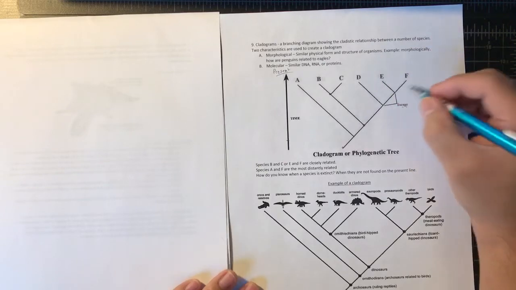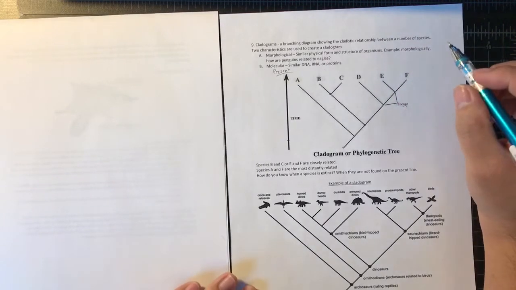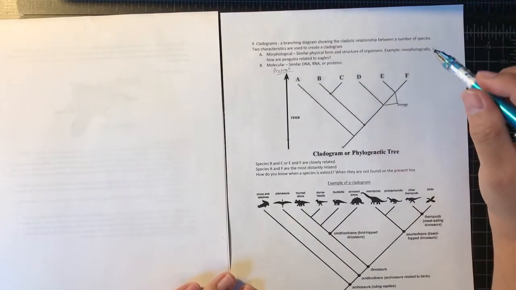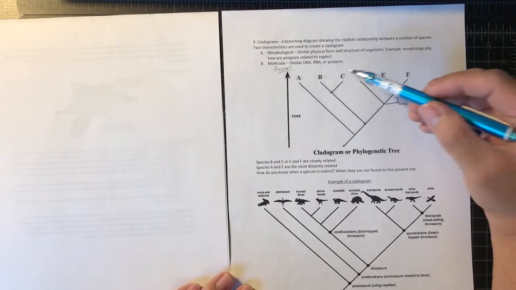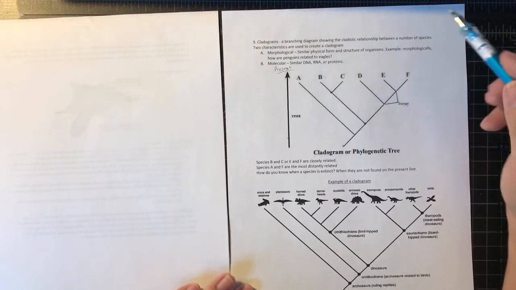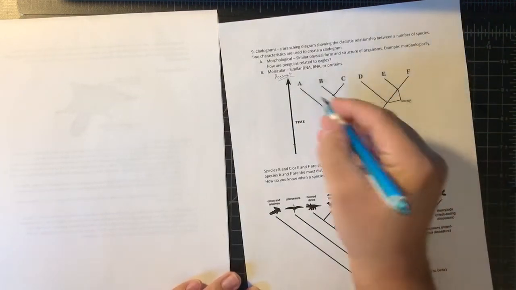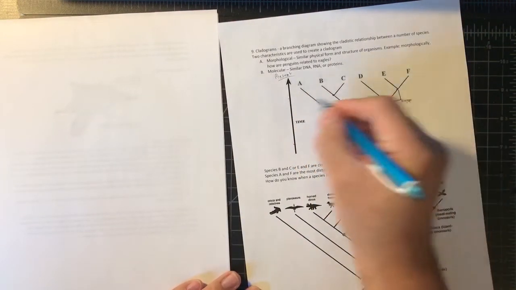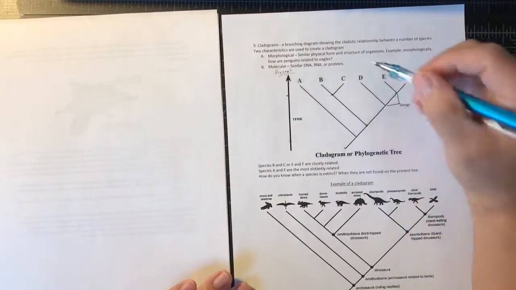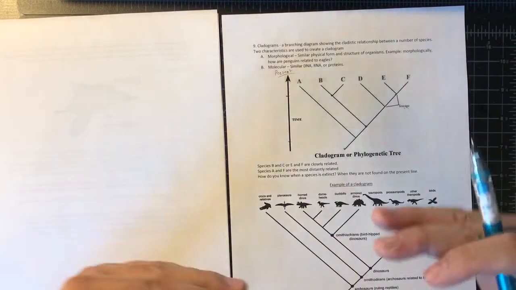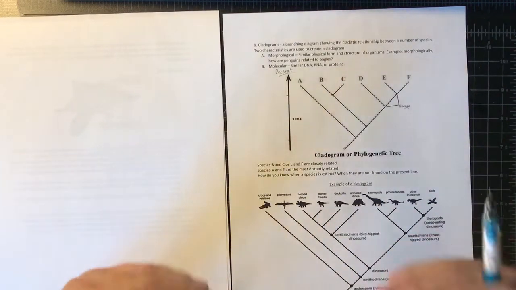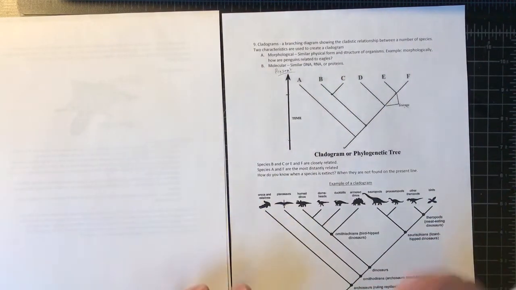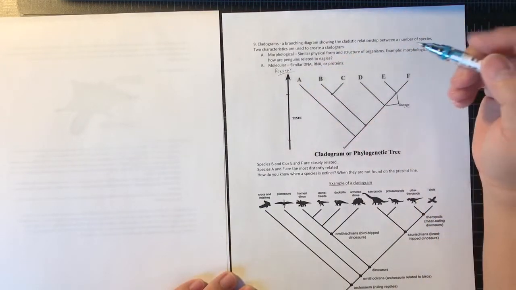Then you have a split, and then another split. Now the question here is, which of these species are more closely related? Well, the answer is going to be B and C, and E and D. The reason why is because they split off quite recently, which means that not a lot of changes may have happened. The more recent the organisms split, the less time has gone by, so therefore you have fewer differences.